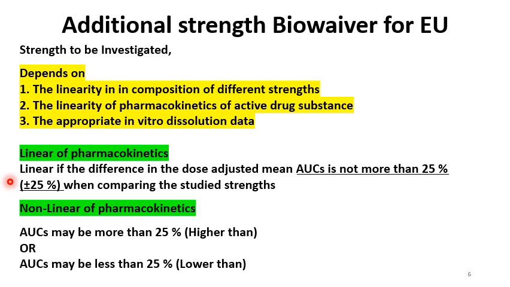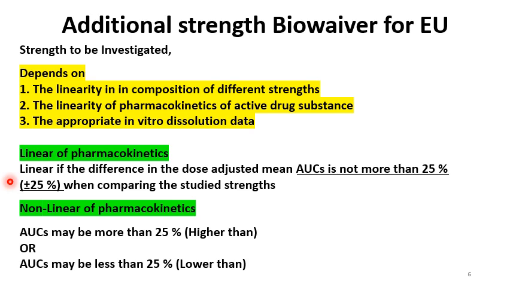Then you administer the lower strength like 50 mg. If your pharmacokinetics are linear, then the 50 mg strength will have 50% of the AUC compared to the 100 mg strength AUC. That is called linear pharmacokinetics.